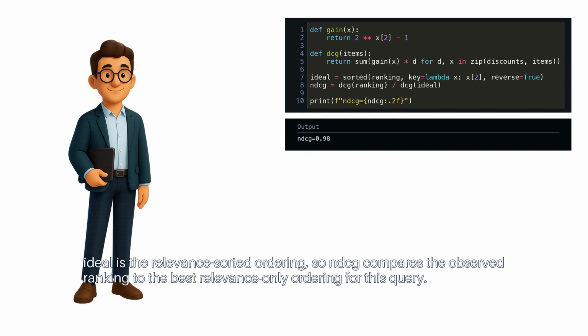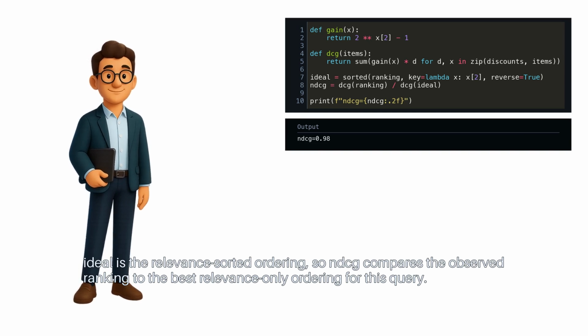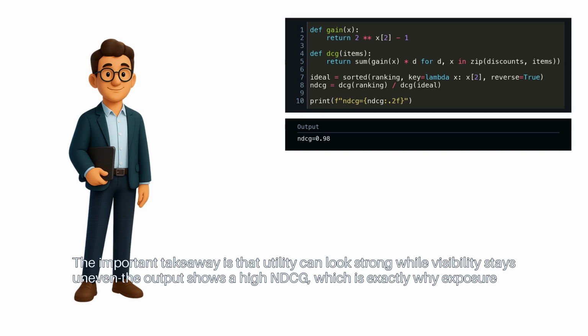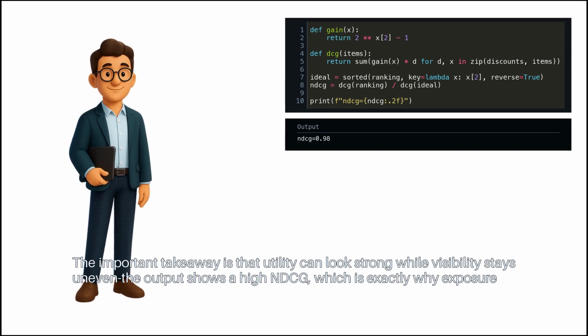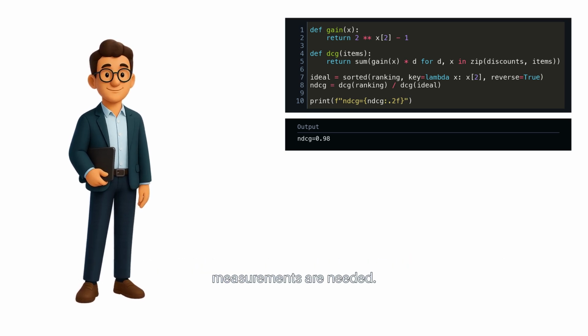Ideal is the relevance sorted ordering, so NDCG compares the observed ranking to the best relevance-only ordering for this query. The important takeaway is that utility can look strong while visibility stays uneven. The output shows a high NDCG, which is exactly why exposure measurements are needed.